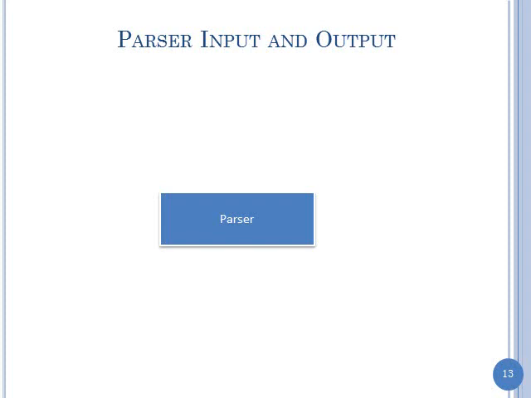So, my parser, its input will be what? In general? Strings in this case, but they were not all strings, right? Some of them were ints. I begin with strings and I would convert them into integers.